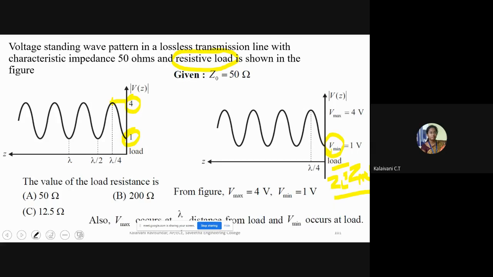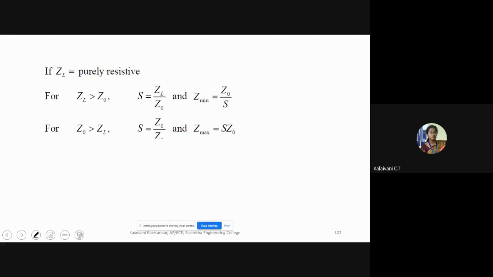So when Vmax occurs at lambda by 4 distance from the load, remember this. When ZL is purely resistive, for ZL greater than Z0, we'll find the Z minimum.